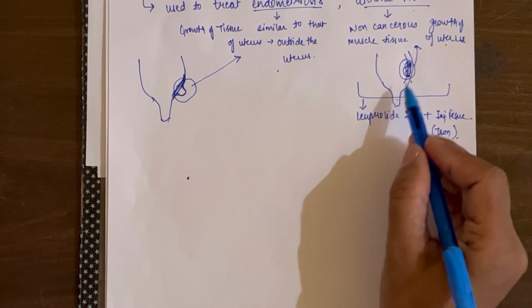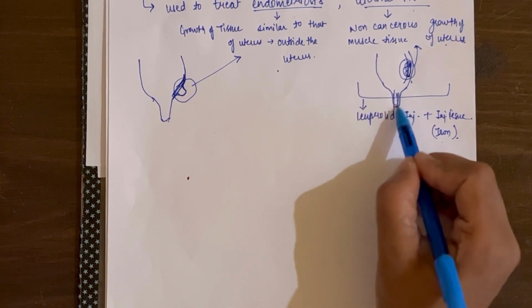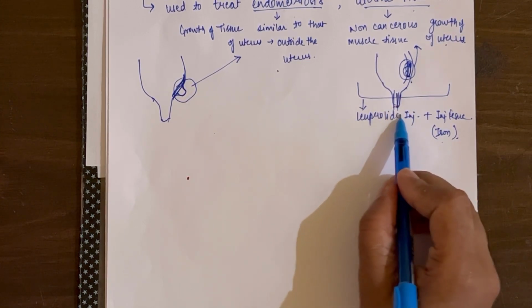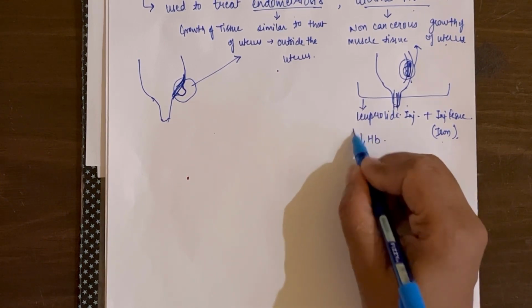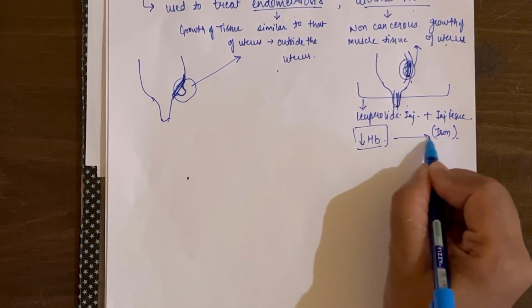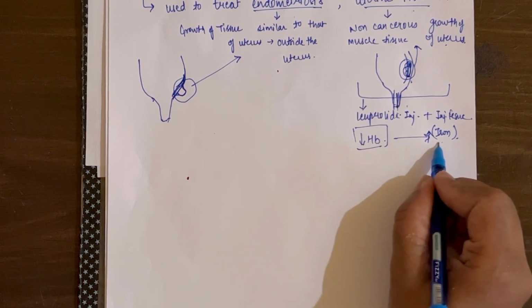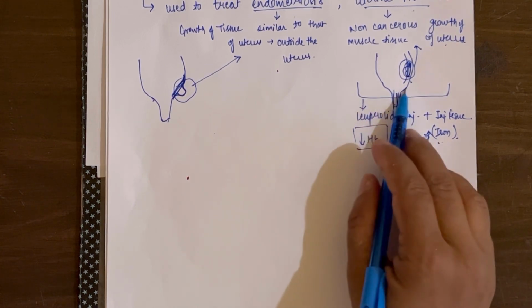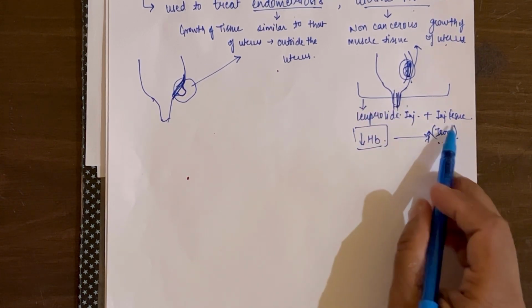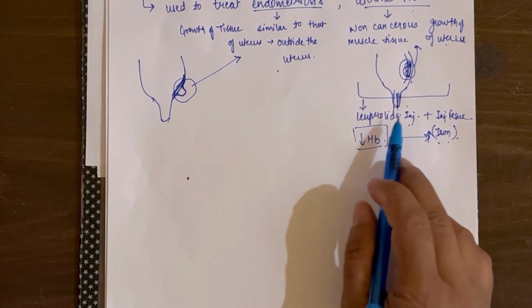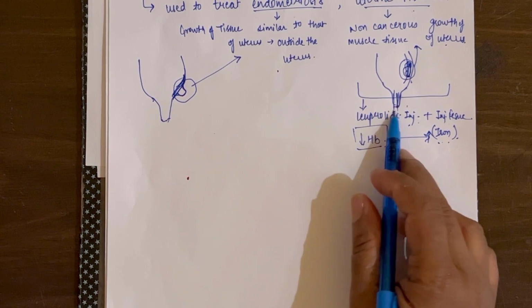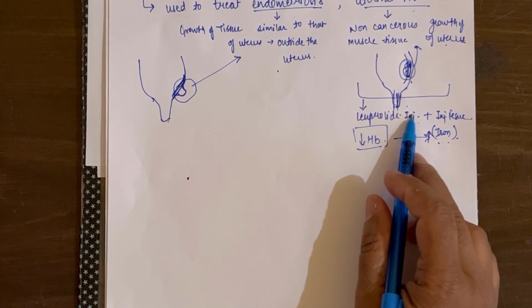Because in this condition a lot of uterine bleeding or vaginal bleeding is happening, which results in decreased hemoglobin, and to maintain that hemoglobin you have to give extra iron. So whenever there is a condition of uterine fibroid, you have to give injection iron along with the Leuprolide injection to manage the hemoglobin level of the women.